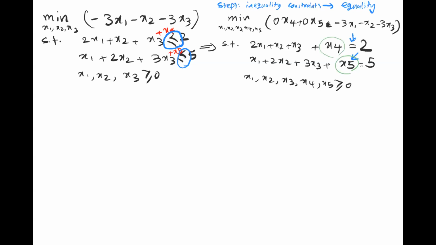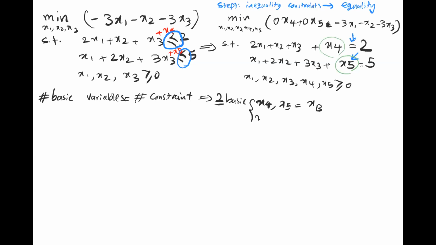So if you recall, the number of basic variables is equal to the number of constraints, right? So in this case, we have two basic variables. I'm going to choose x4 and x5 to be my basic variables, and x1, x2, x3 as non-basic variables.